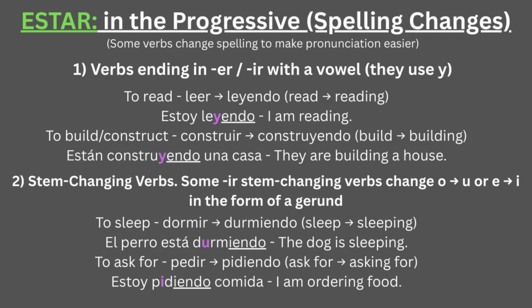Two verbs are dormir and pedir, with their gerunds durmiendo and pidiendo. It's not dormiendo or pedindo, it's durmiendo and pidiendo. El perro está durmiendo. Estoy pidiendo comida.